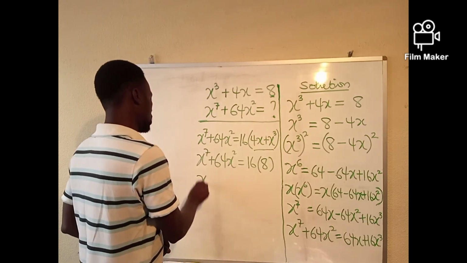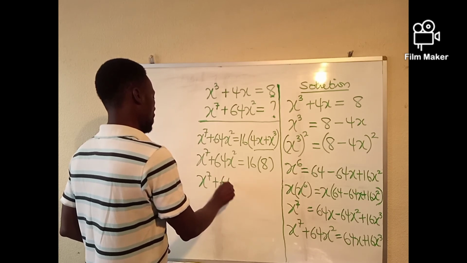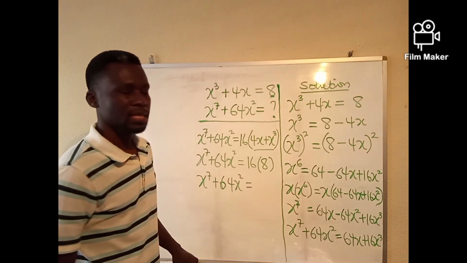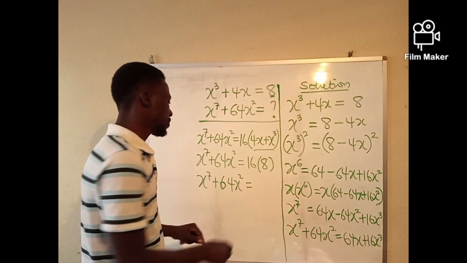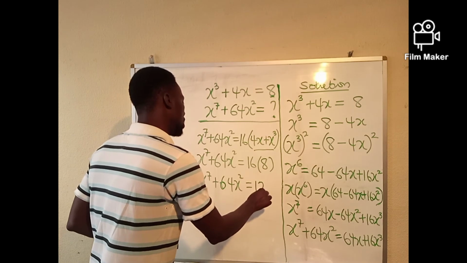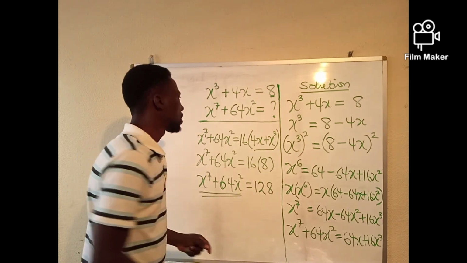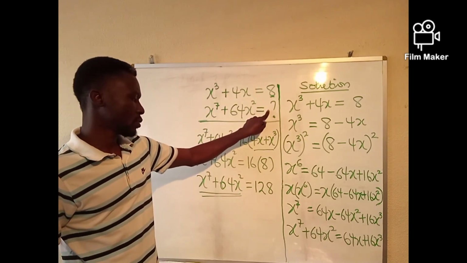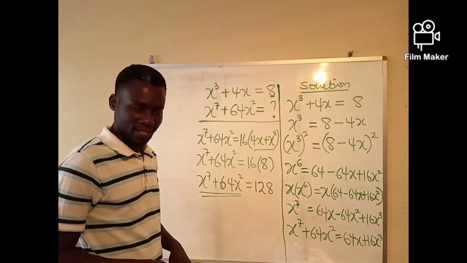And so x to the 7th plus 64x squared, this is equal to 16 by 8, 8 times 6 is 48, carry 4, 8 times 1 is 8, plus 4 is 12, that is 128. So we shall have 128. So it follows that x to the 7th plus 64x squared is equal to 128. I hope you do understand.